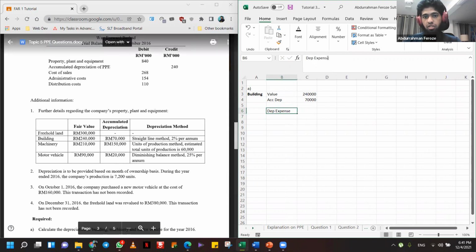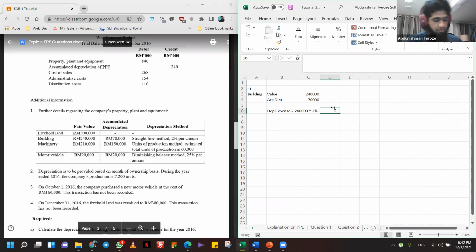So here the depreciation expense would be 240,000 into 2%. This would be 4,800. So this is the depreciation expense for the building for the year 2016, right?